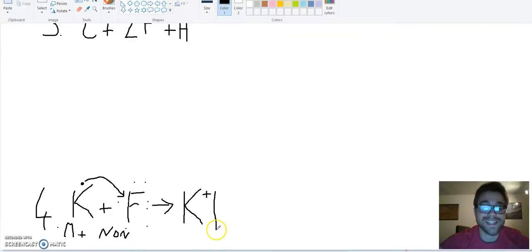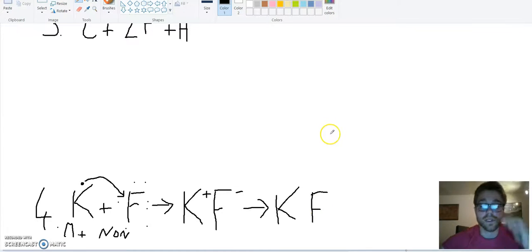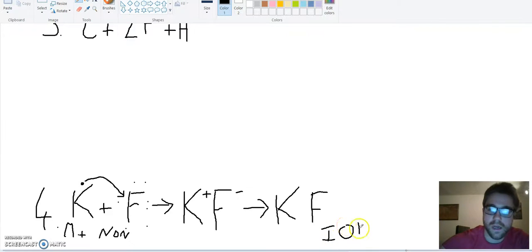And it creates a negative fluorine atom because fluorine now has 1 extra electron. But the way you can write it is just plain old KF. I'm going to use my finger to draw here as well. All right, so that's an ionic bond. So this is ionic.